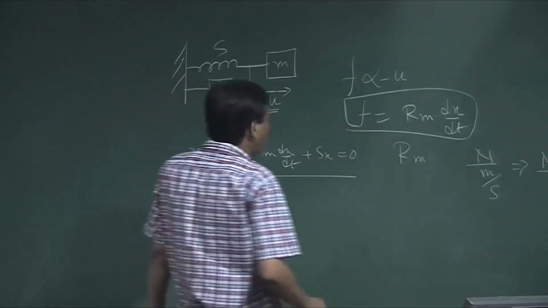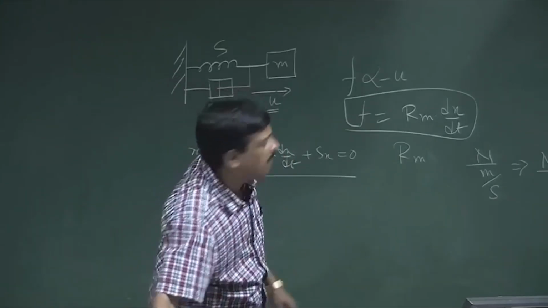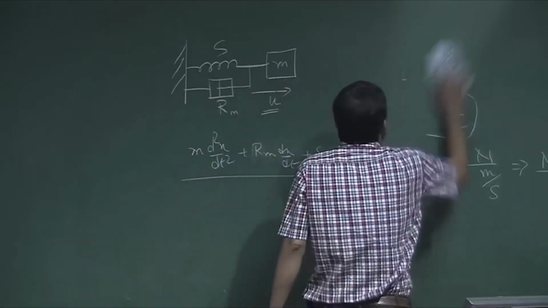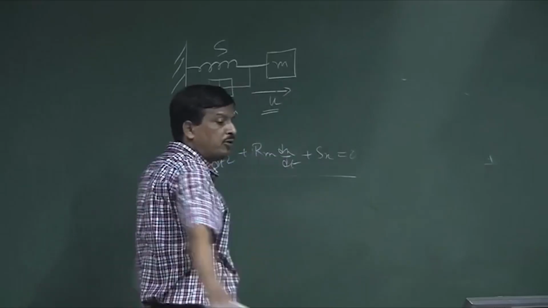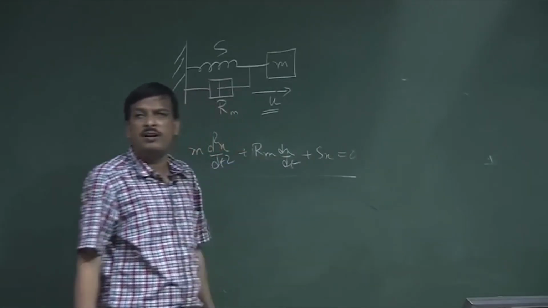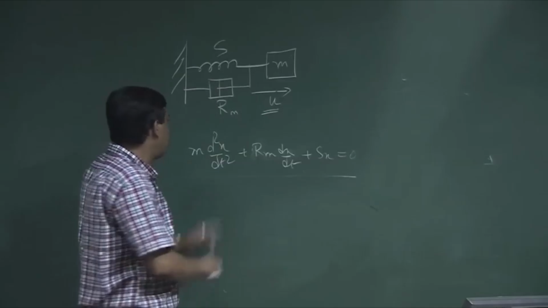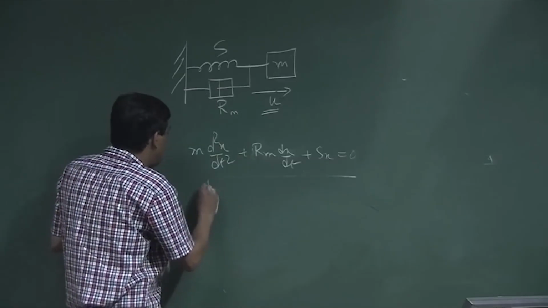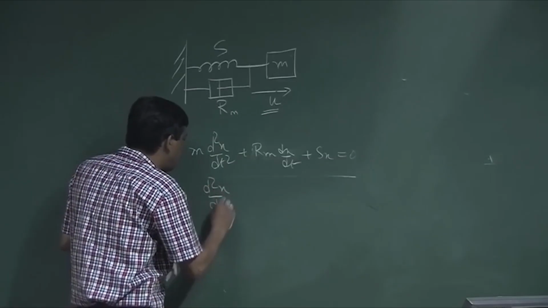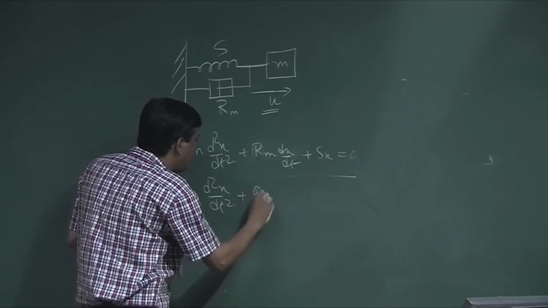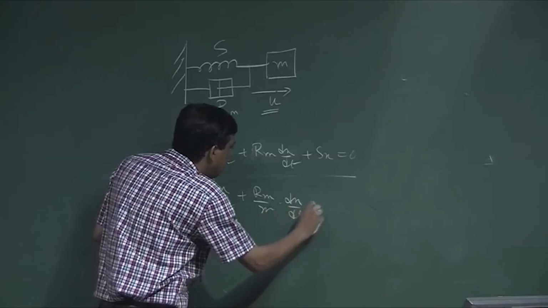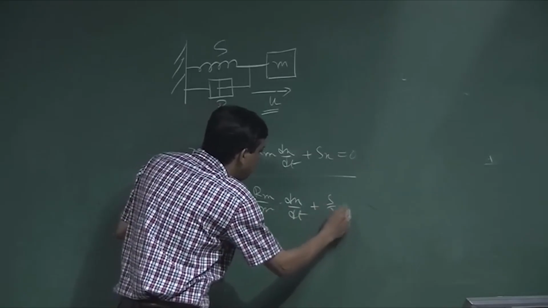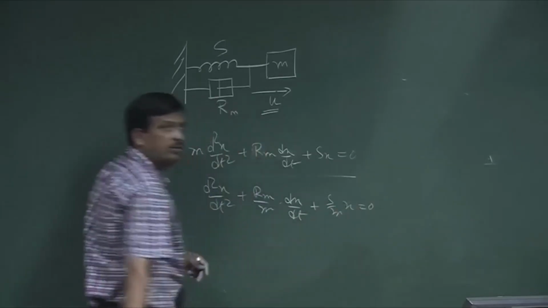Now the same solution principle I should apply. This damped oscillation is also a second order differential equation. So first simplify it: d2x by dt square plus Rm by m dx by dt plus s by m x is equal to 0.